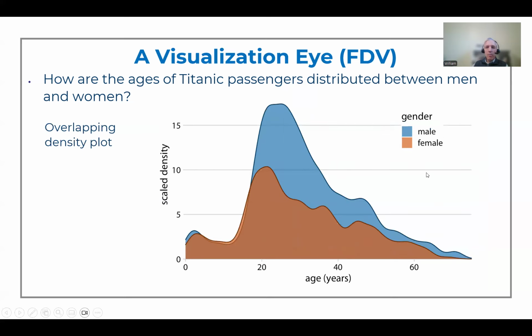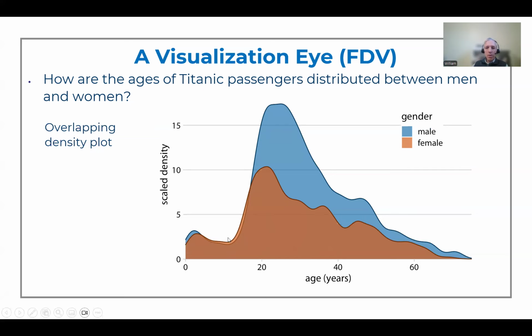Here's one way to accomplish that. This is an overlapping density plot. This does okay, right? It's not labeled as bad or ugly or any of that. The problem with this, so this is a histogram again still, is that, as I mentioned earlier, it's hard for us to understand the area under a curve. But probably that's not what we're trying to do.